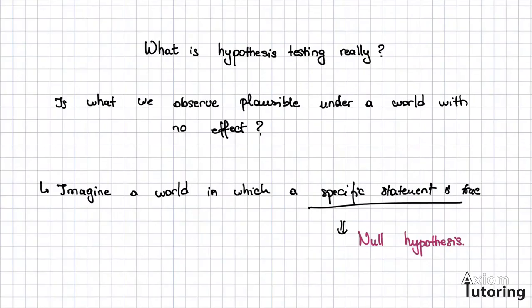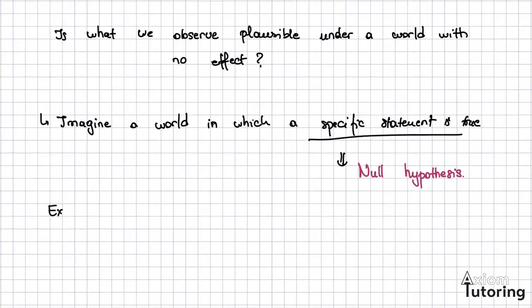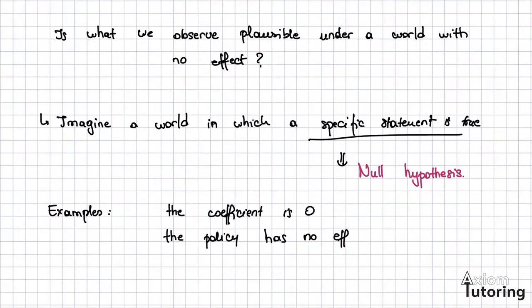Okay, examples would be the coefficient is zero, or the policy has no effect, it could be the variable doesn't matter in the relation.